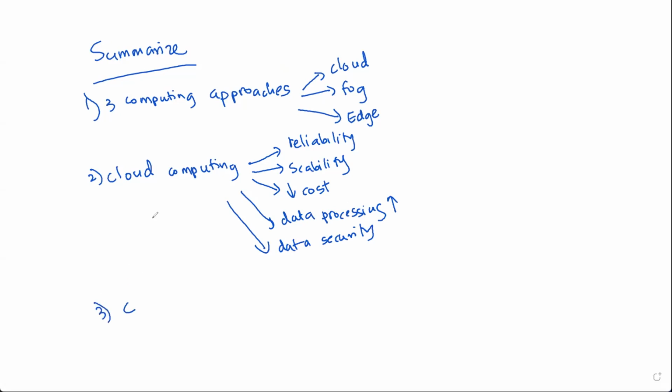Then we have three types of service models in cloud computing: infrastructure as a service, software as a service, and platform as a service.